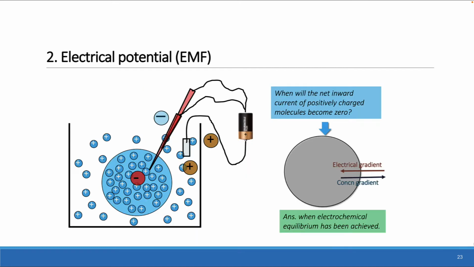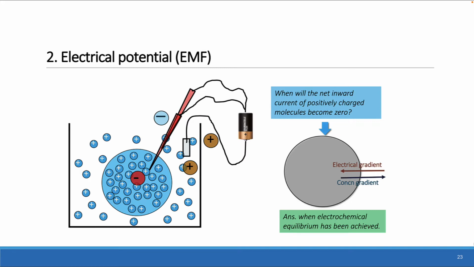One way that we can affect that concentration is by changing the electrical potential. So when we have a net inward current of electricity, then the gradient can change.